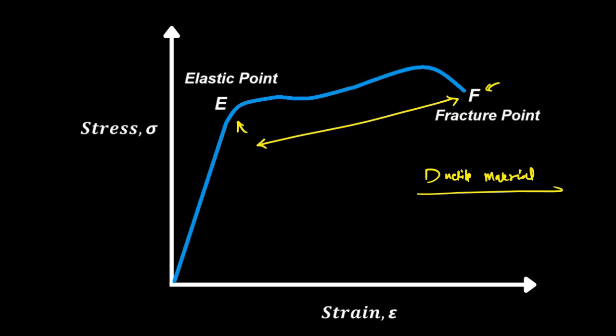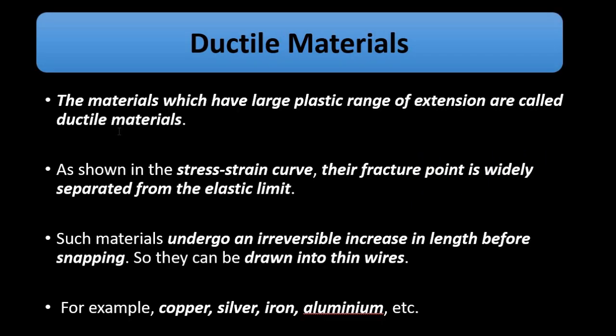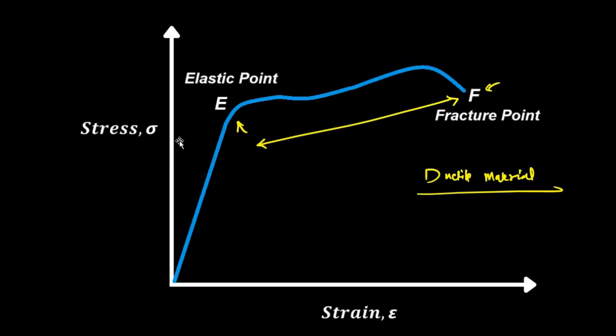So the gap between the elastic and fracture point is the plastic region. This is the plastic region, if you remember. This is the plastic region behavior of the material. This is the elastic region.